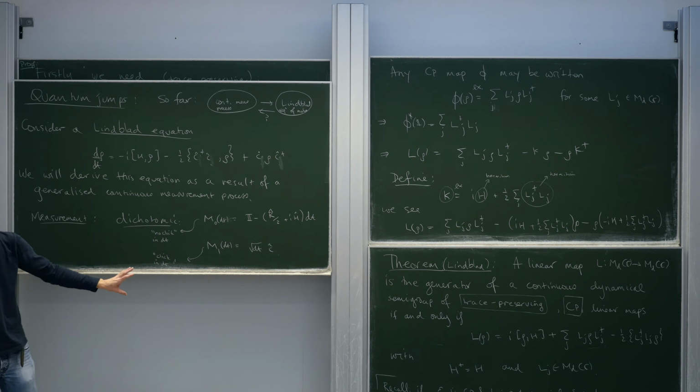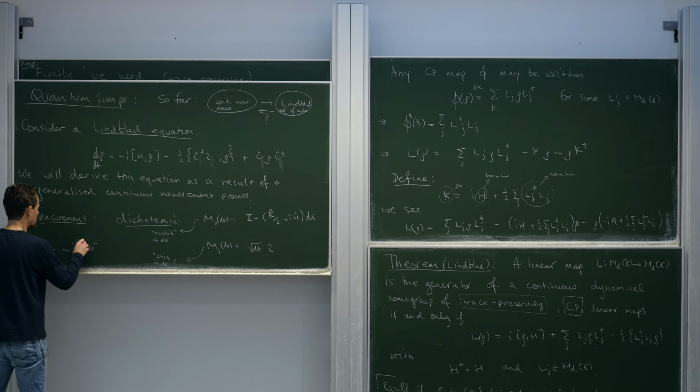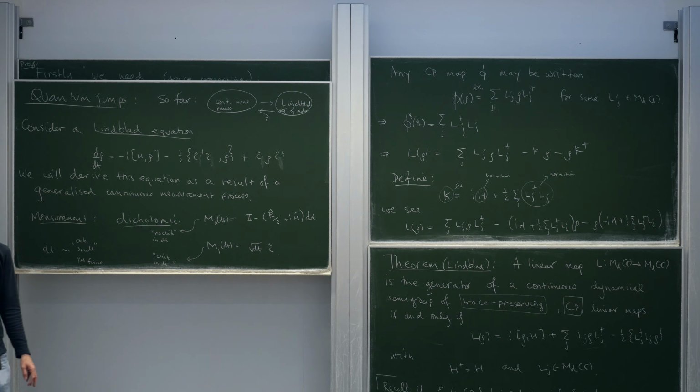So it's indexed by time. Time is built into these measurement operators. And think of dt as being small, arbitrarily small yet finite. So it's not quite the infinitesimal dt of calculus at this point.